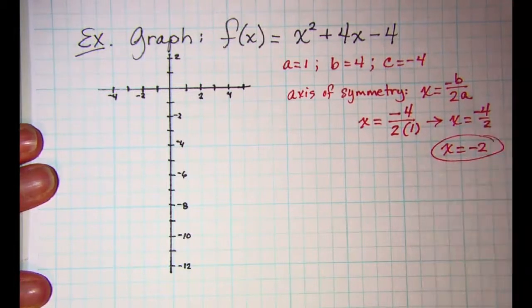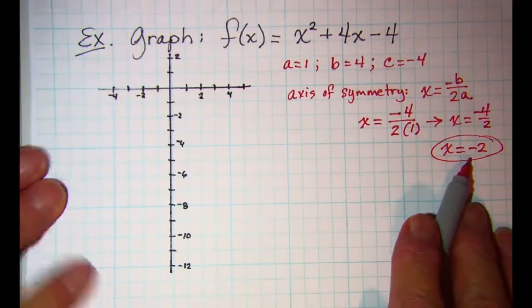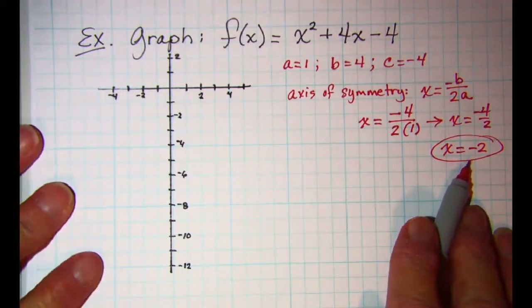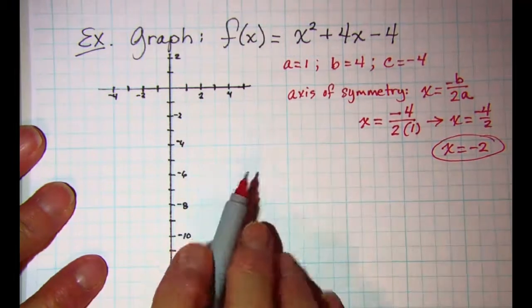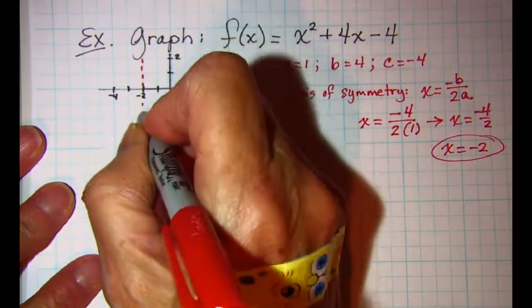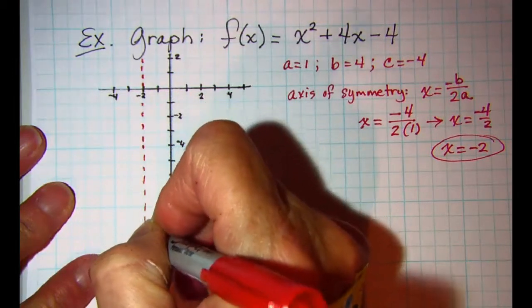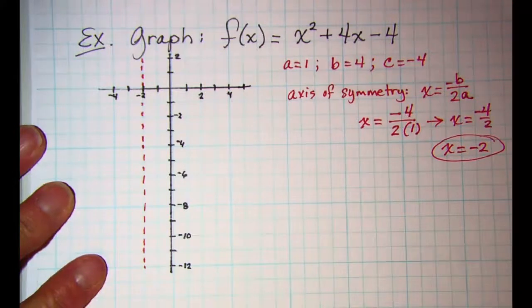So the x-coordinate of my vertex then is also going to be at x equals negative 2. Let's go ahead and draw in our axis of symmetry. The vertical line at x equals negative 2.